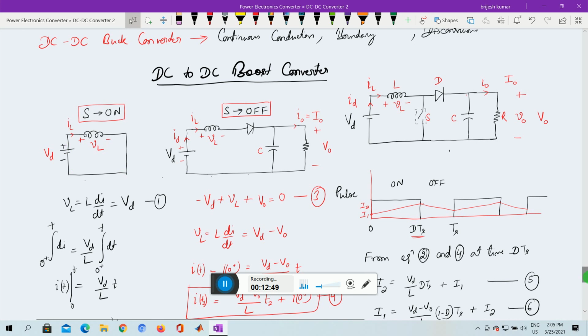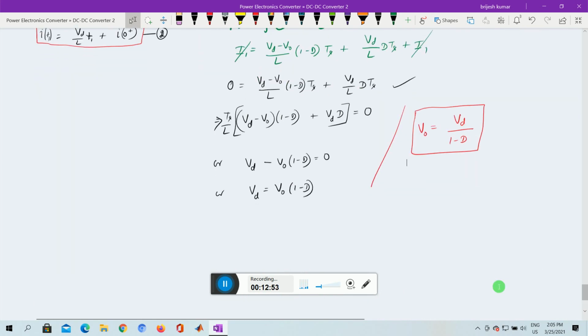If we add up the volt-seconds, following the volt-second relationship, then also we get equal to 0. Here we elaborated with the two equations, and finally we get V0 is equal to Vd by (1 minus d).